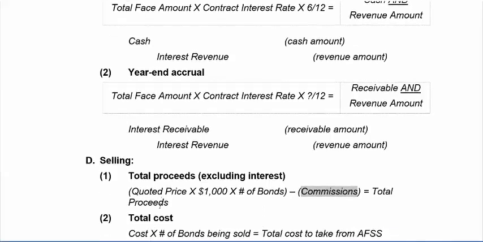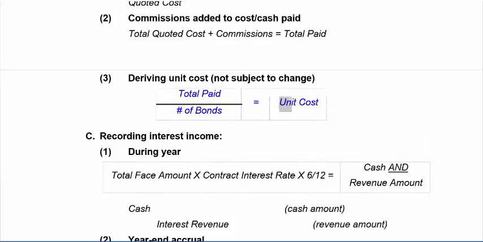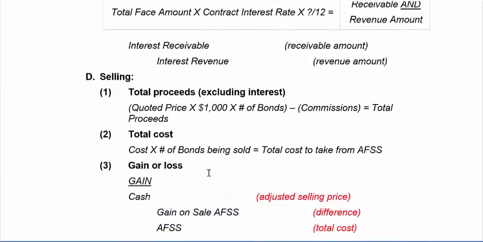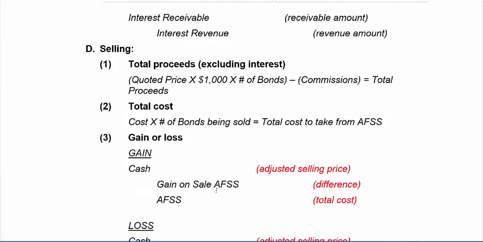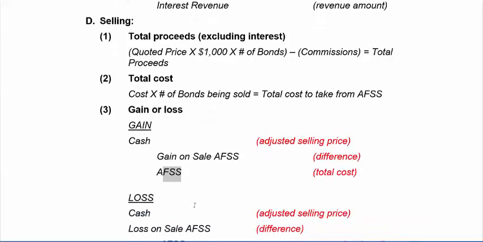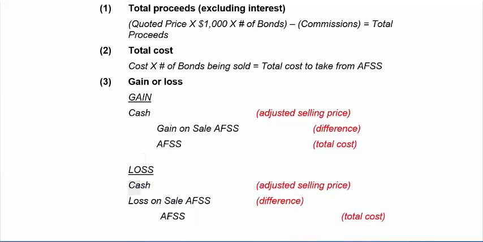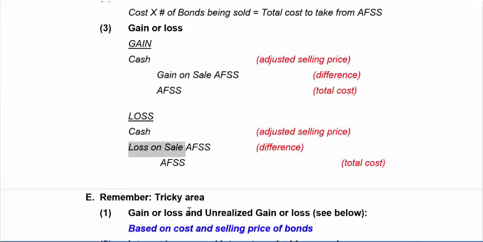Your cost is whatever your average unit cost was that you computed earlier, times the number of bonds that you sold, and that's the credit that you need to make to available for sale securities. So if you sold them at a gain, the cash will be more than the available for sale securities cost. If you sold them at a loss, the cash will be less than the available for sale securities cost. Gains on the credit side, loss on the debit side.